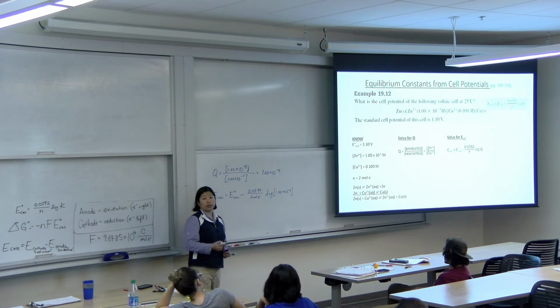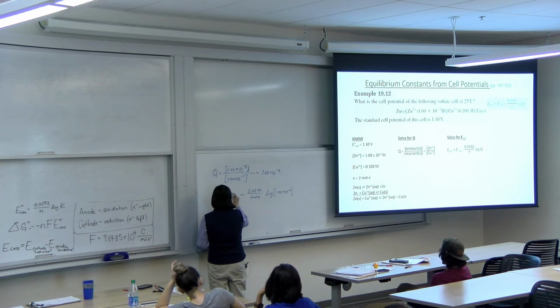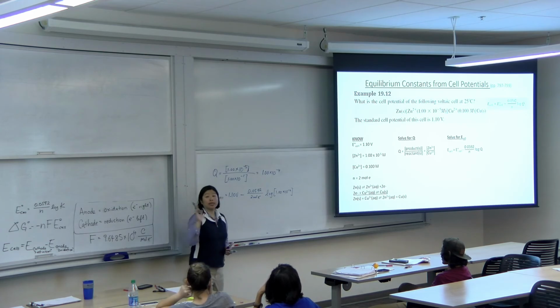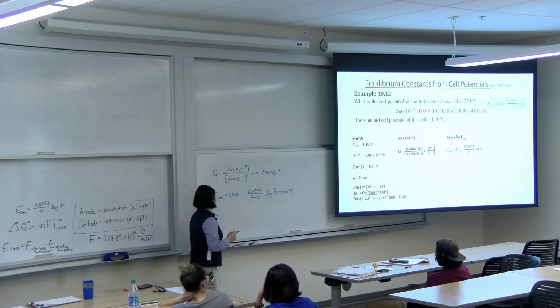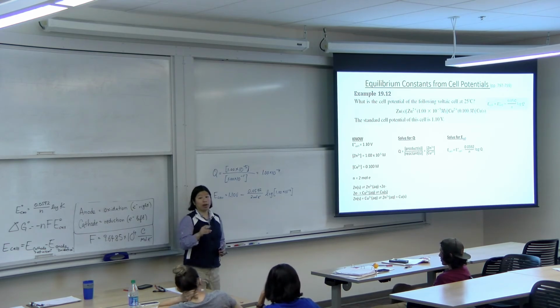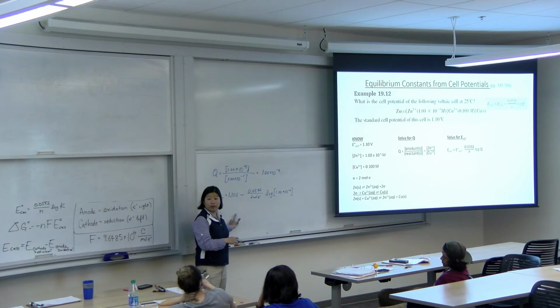It's given to you in the problem. But if it wasn't given to you in the problem, how would I solve for it? You need to do the cathode minus the anode. So on the homework, some of the problems will not give you E cell standard as a number. You need to calculate it first.